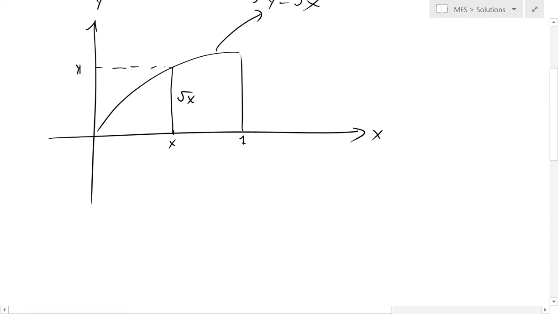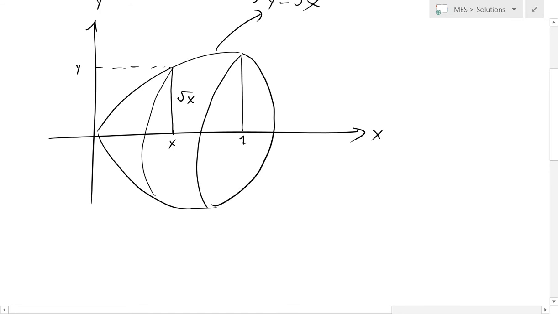If we rotate it about the axis, we get a volume that looks something like this. At this general x value, it looks something like this, and if we were to draw a cylinder, it would roughly look like this. I'll just switch the color.